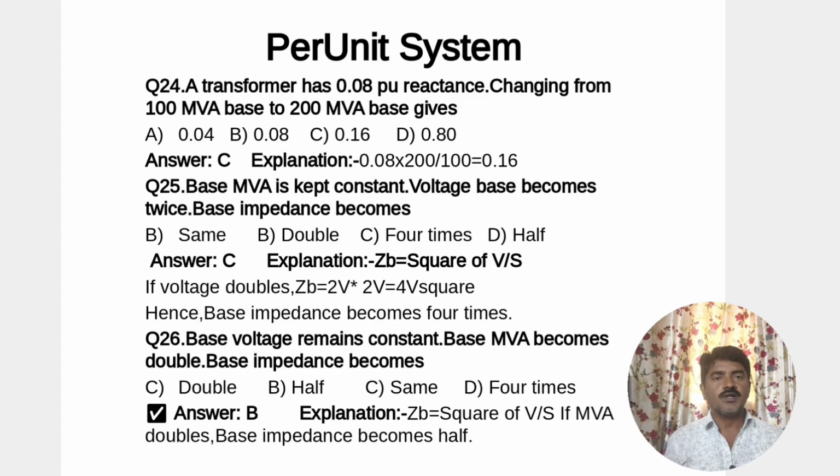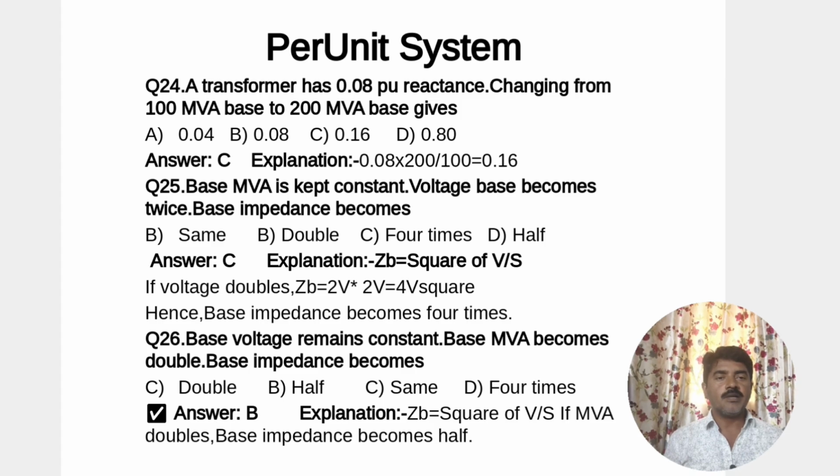26. Base voltage remain constant. Base MVA becomes double. Base impedance become. In previous problem, base MVA is kept constant, base voltage becomes twice. First in this problem, base voltage remains constant. Base MVA becomes double. So what is the value of base impedance becomes?